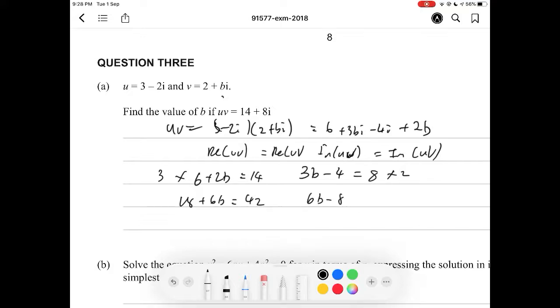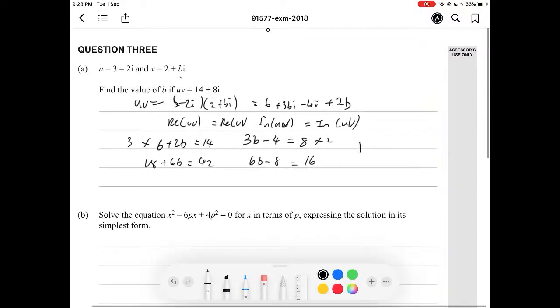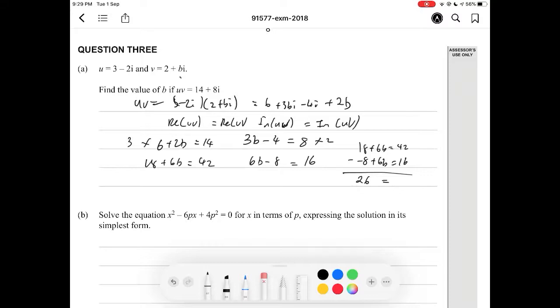So 6b minus 8 equals 16. Okay, so now we're going to subtract the two equations. So we have 18 plus 6b equals 42 minus negative 8 plus 6b equals 16. Okay, sorry. Just forget I said anything. I am being really stupid.